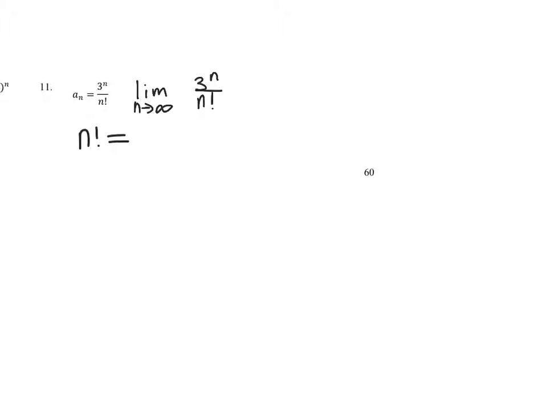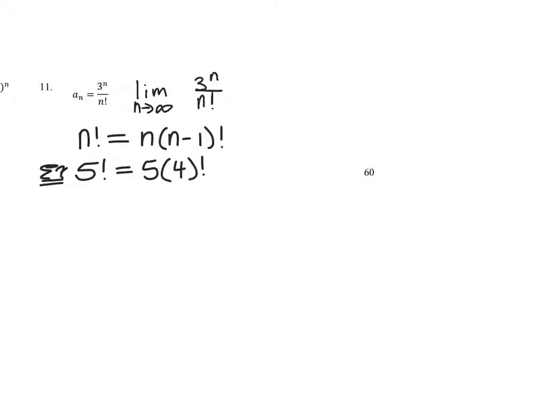So n factorial is defined as n times n minus 1 factorial. Which is kind of a weird thing to think about. But what this is telling us is that you're multiplying by consecutively lower and lower values until you get down to 1. So if I were to start off with 5 factorial, that would be the same as 5 times 4 factorial.